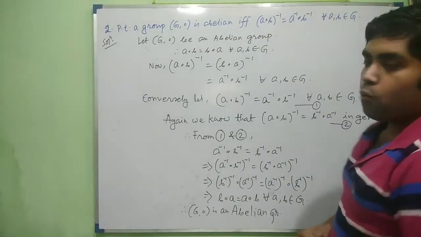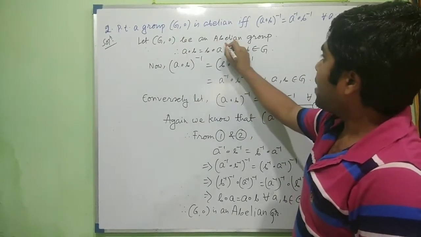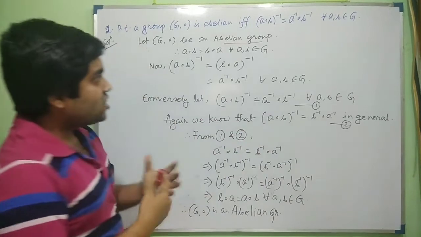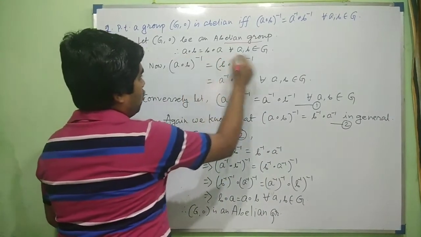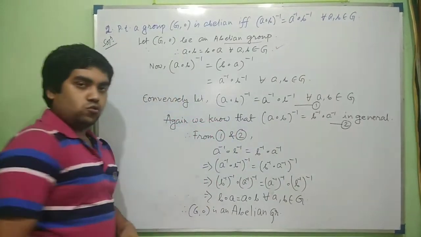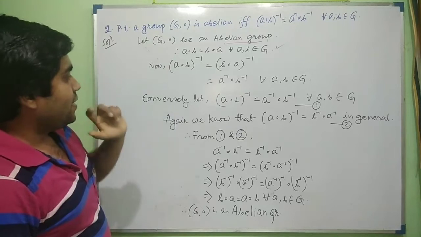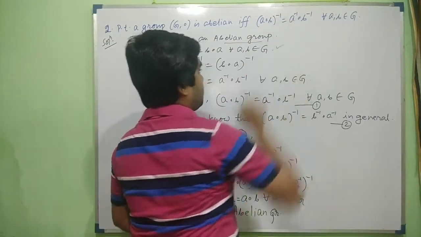So first of all, we have considered that G naught is an abelian group, that means a commutative group. So what is the condition of commutativity? Commutativity का condition है A naught B equal to B naught A for all A, B belongs to G. तो ये relation हो गया. अब ये proof करना है कि A naught B whole inverse means A inverse naught B inverse.